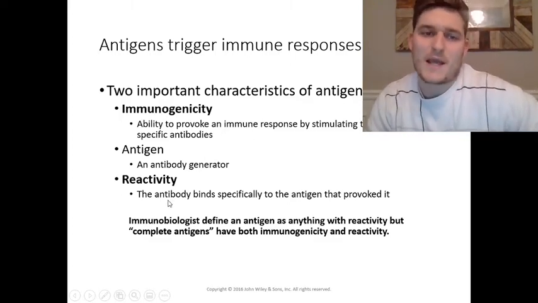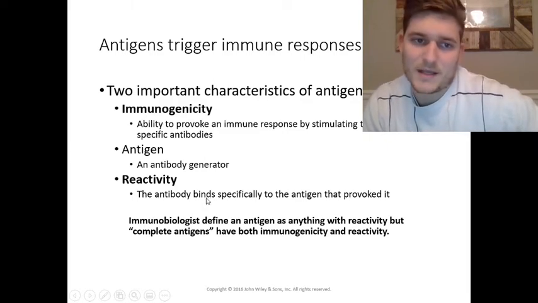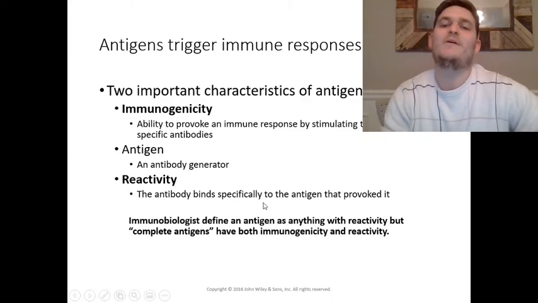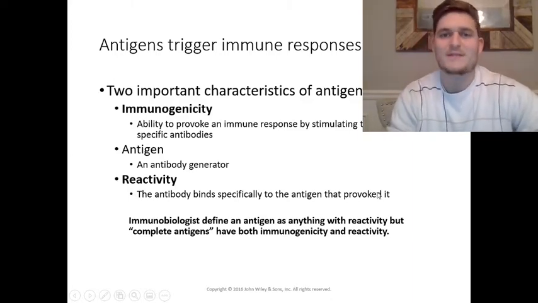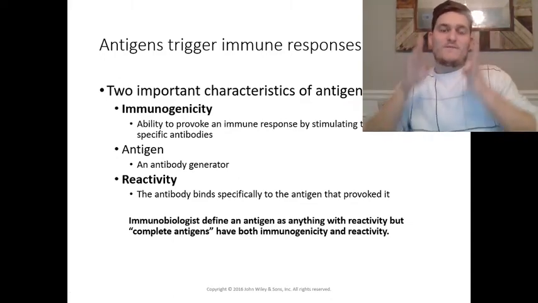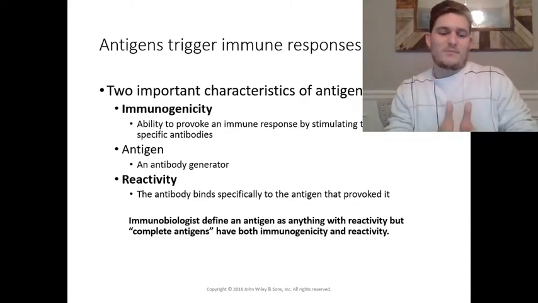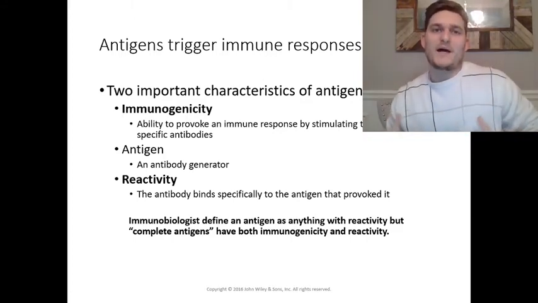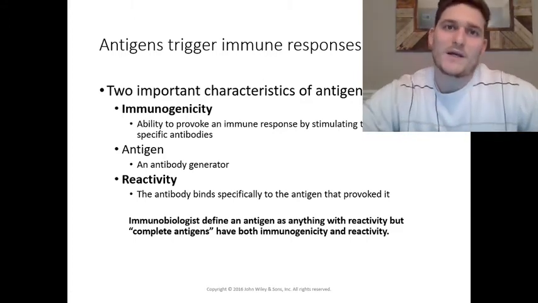Reactivity is that the antibody binds specifically to the antigen that provoked it. So again, this adaptive immunity is very specific. And so different bacteria, different viruses are going to have their own antibodies generated when they come into contact with B cells.